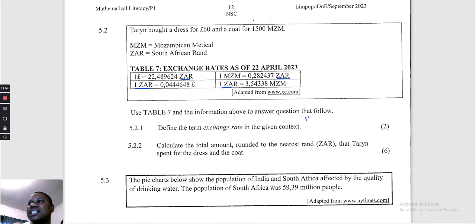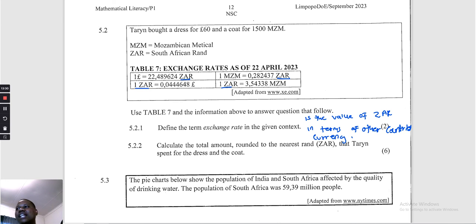The exchange rate is the value of ZAR in terms of other country's currency. Like that. Then we have talked about the context.